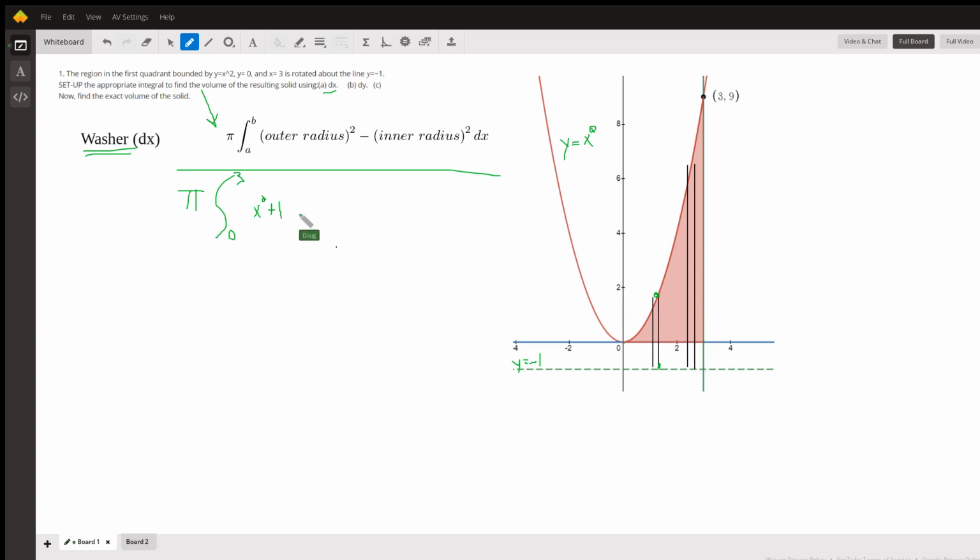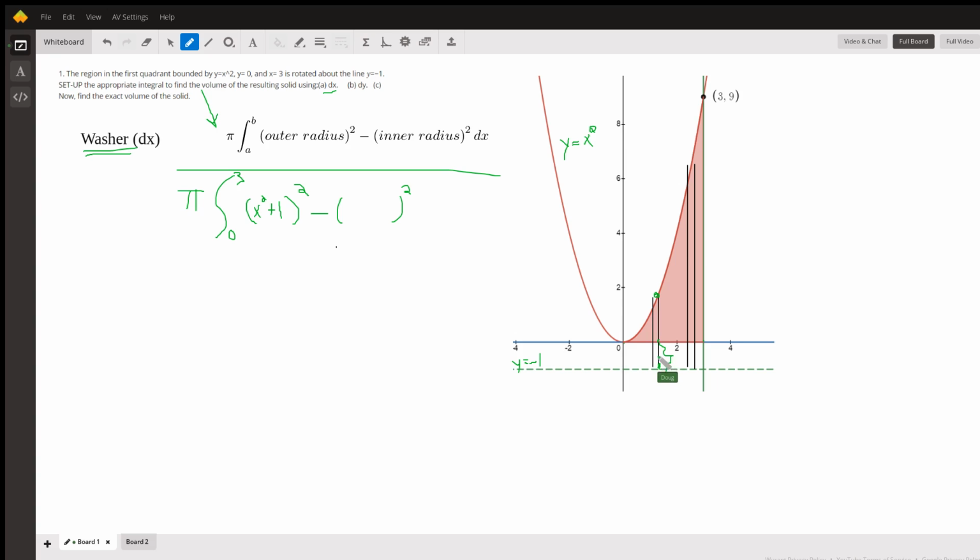Now we have to square that. There's the outer radius squared minus the inner radius squared. Well, the inner radius is just the distance from the axis of revolution to the function that helps create the hole in the washer, and that's this distance right here. So the y-coordinate at the top is always 0, 0 minus a -1.